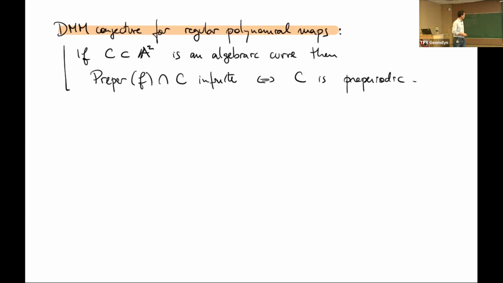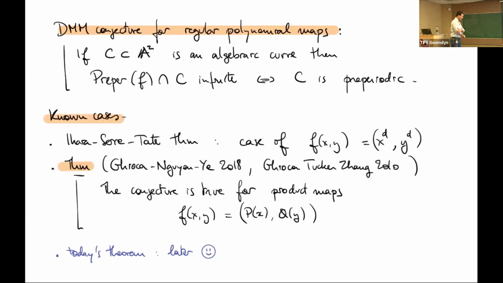This problem is known in a small number of cases. One case is maps of the form (X^D, Y^D), which is exactly the Ihara-Serre-Tate theorem I mentioned before. The preperiodic points for this mapping are exactly the points whose coordinates are roots of unity, so I'm asking for a classification of curves which contain many points with coordinates roots of unity.